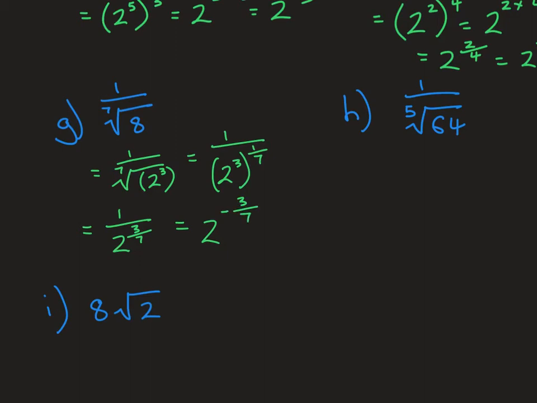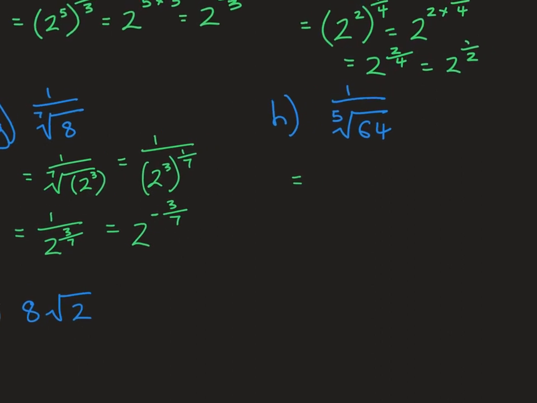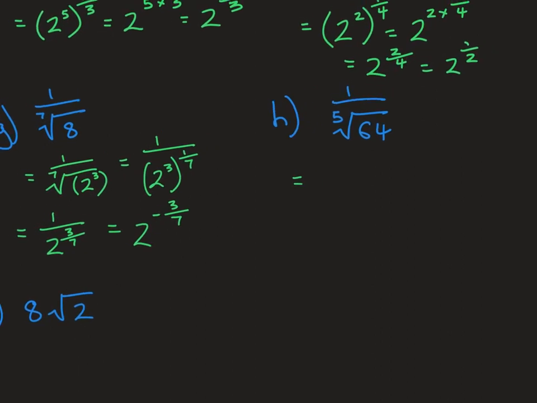All right, so let's look at H here. H is tricky because we have to think about 64 and how we can write that with a base of 2. So we can rewrite 64 as 2 to the power of 6.